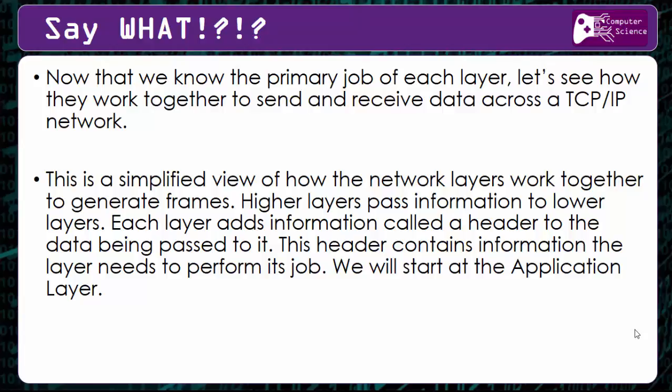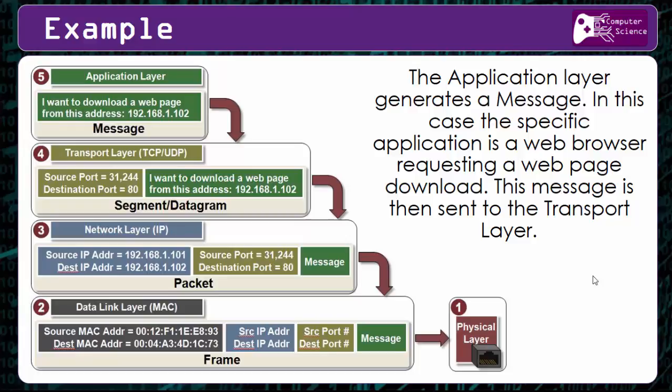We'll start at the top with the application layer. If a web browser is trying to download a web page, at the application layer it generates a message. It's then sent to the transport layer to say I want to download a web page from the address 192.168.1.102.